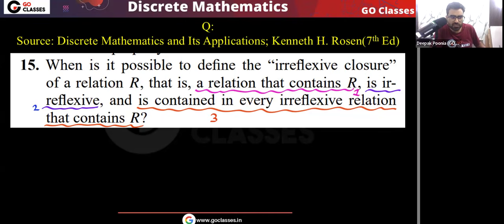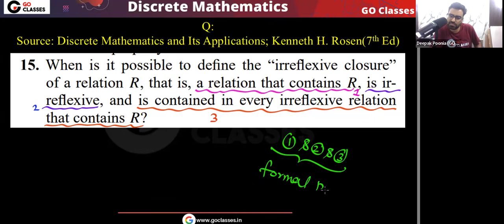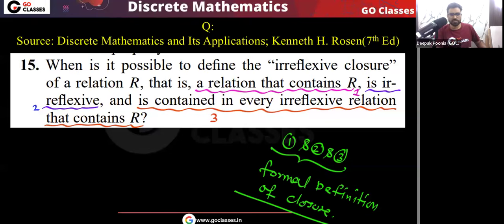So overall, this 1, 2, and 3, that is your formal definition of closure. So you can see in this question they are basically talking about closure.